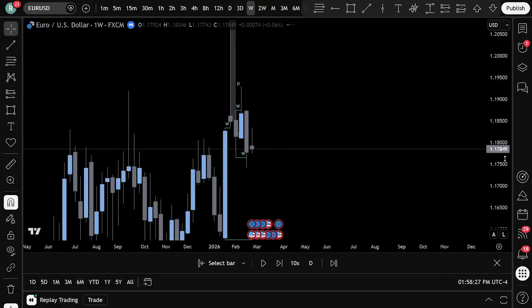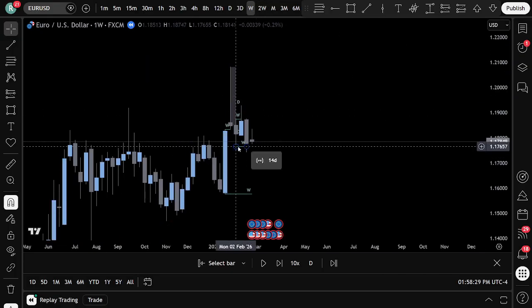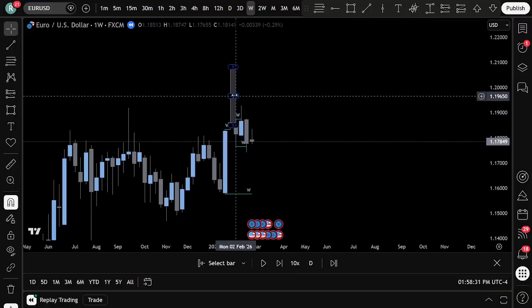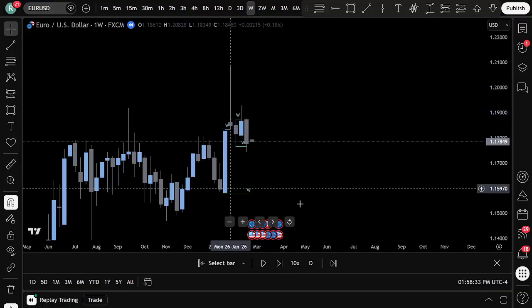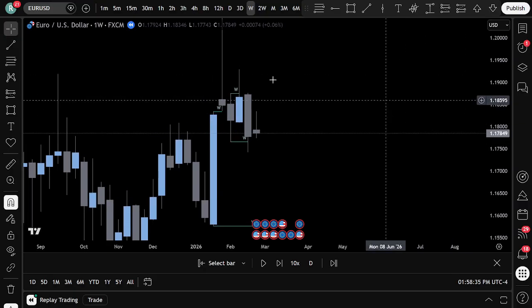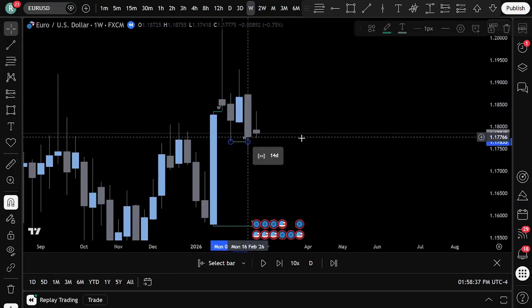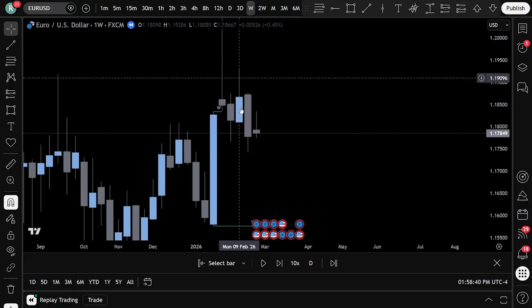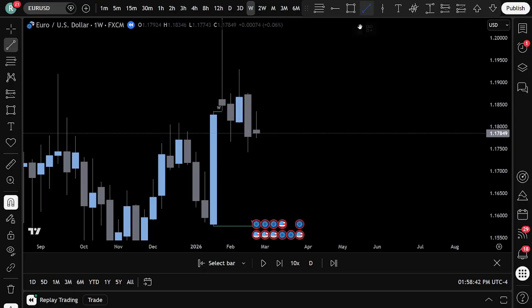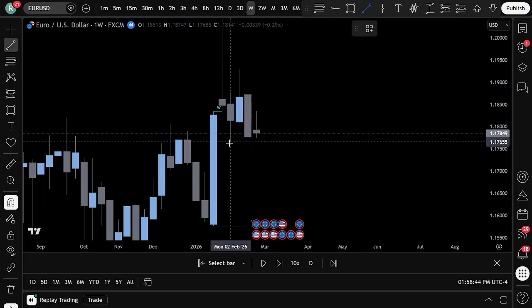Let me just look at this quick. We're still working through, let me delete some of these, get them out of the way. We're still working through this weekly range. Okay, we took weekly range high, this candle, right? We complete the weekly CRT.